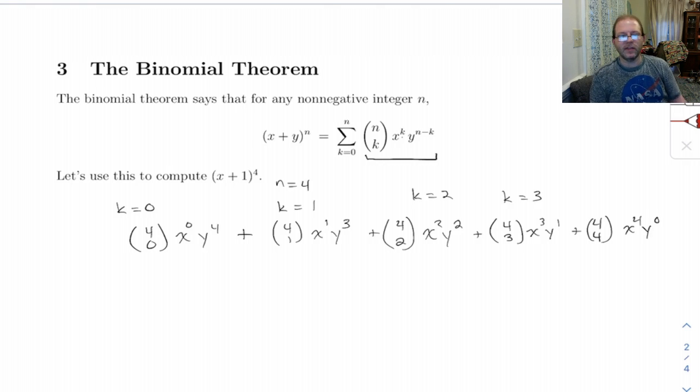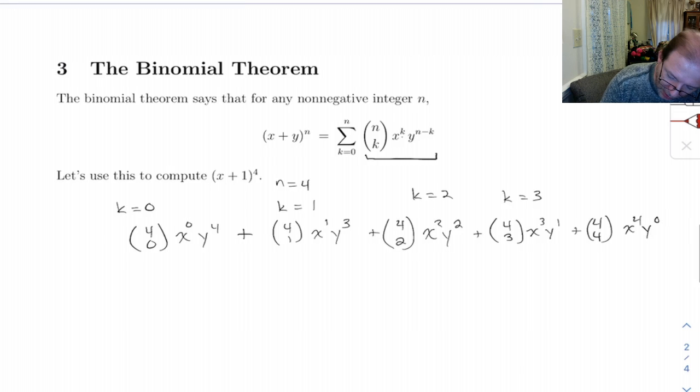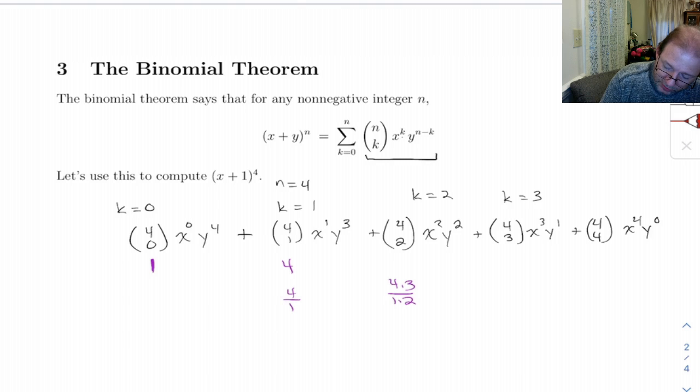And let's not leave it like that. Let's clean it up. I'm going to write these underneath each of these. 4 choose 0 is 1. 4 choose 1 is 4. 4 choose 2, you do 4 times 3 over 1 times 2, so that's 12 over 2, which is 6. 4 choose 3, that's 4, 3, 2 over 1, 2, 3, so that's 4.